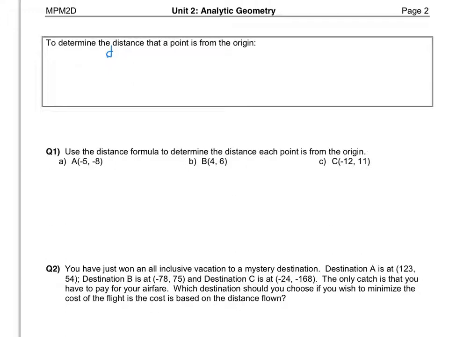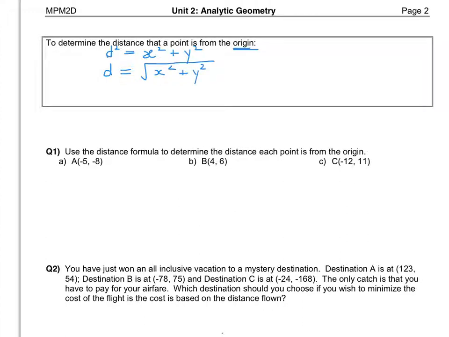Our distance squared would equal the x coordinate squared plus the y coordinate squared. And that works for when we're working with the origin. Now that's what the distance squared is equal to. If I want the distance itself, then I would have to square root both sides. And when I square root d squared, I get d. So d would equal the square root of x squared plus y squared.